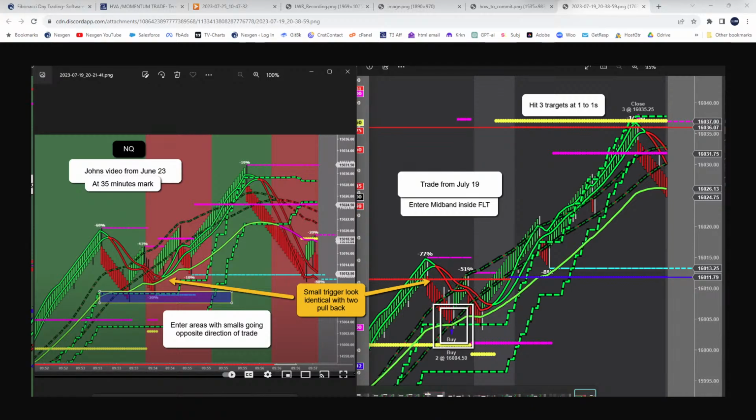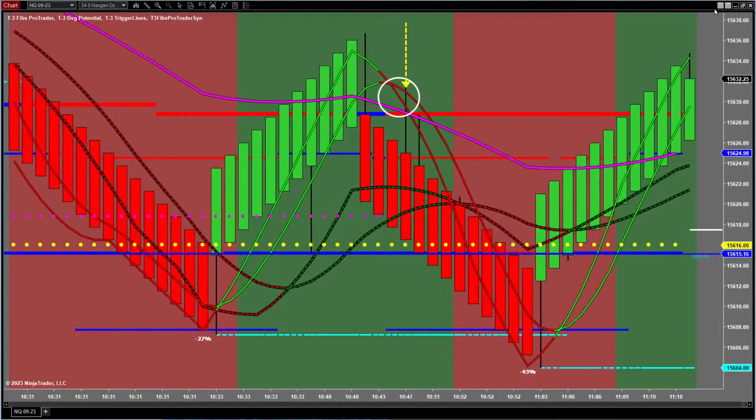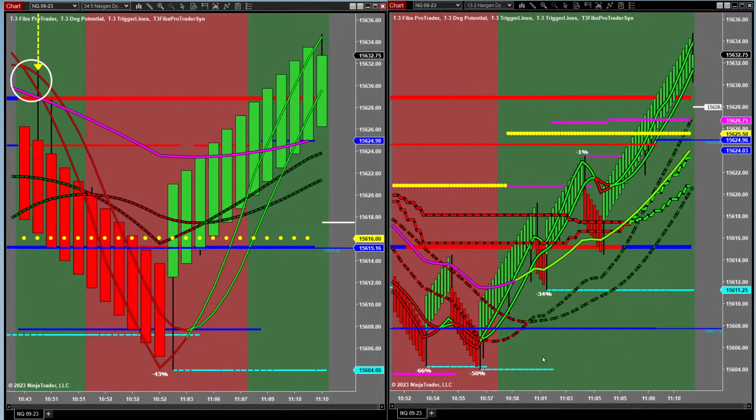Well, here's the thing. You have to understand two things, okay? With the NASDAQ, sometimes you get your ass handed to you when you go short against small triggers going up.